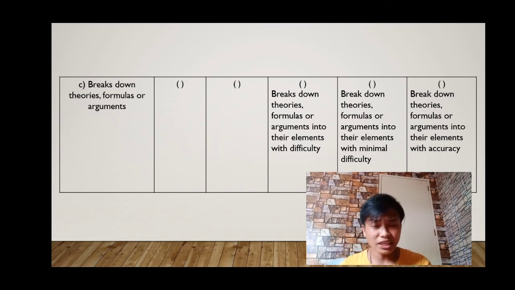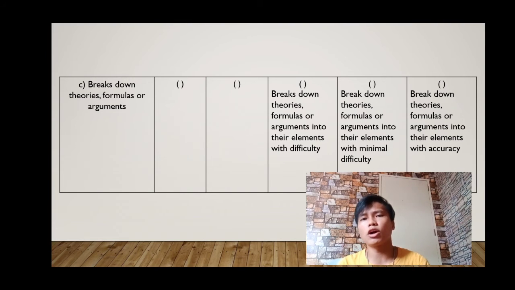An example of this is the students can analyze each theory, formula, or argument, and classify the theories or formulas into specific elements or principle concepts. The students can place the theories and formulas under this concept or this principle, but they have a hard time, or they have difficulty.